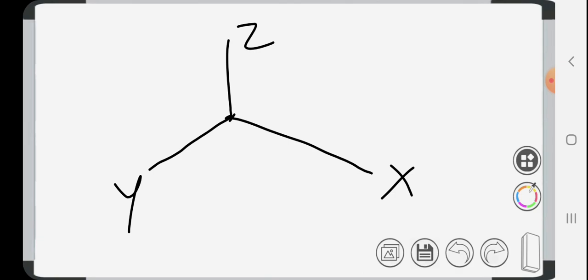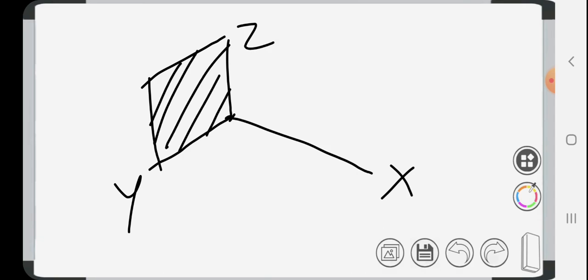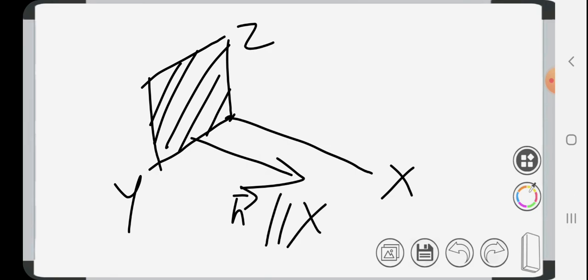Suppose I am taking a plane in the xz plane. This plane will have a perpendicular n vector parallel to y, right? Sorry, let me restate: any plane having an outward normal parallel to the x-axis means x plane.